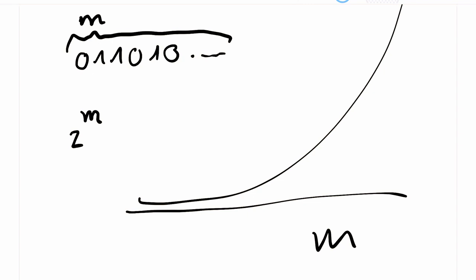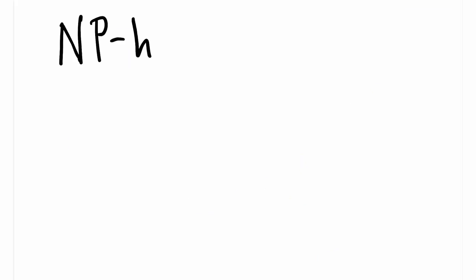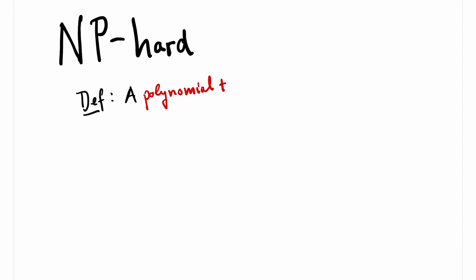Of course, this could simply be because we are not clever enough. So to explain why we believe that 3-colorability is not in P, we need yet another complexity class. The class of NP-hard problems. To explain NP-hardness, I need the very important notion of a reduction. Suppose now that you have a decision problem A that you would like to solve.